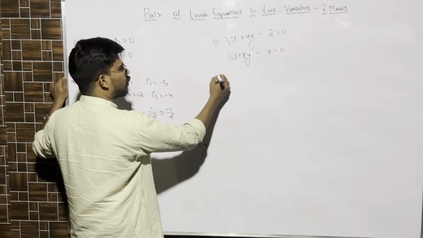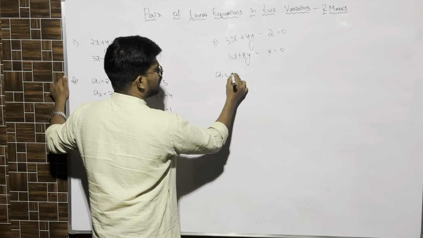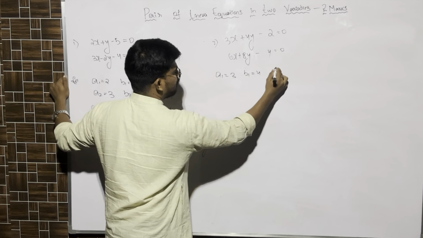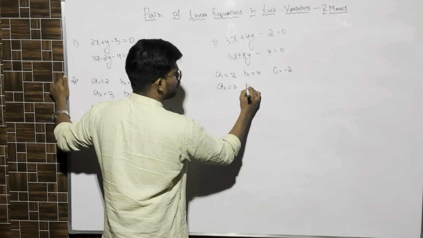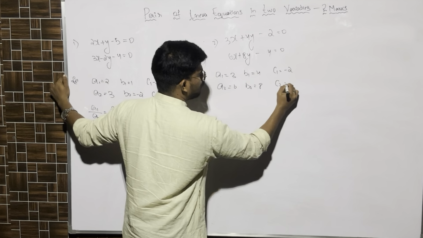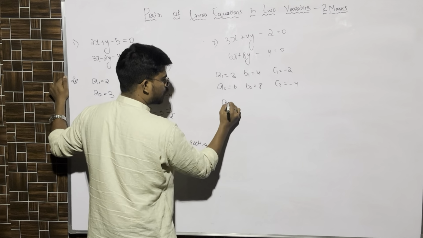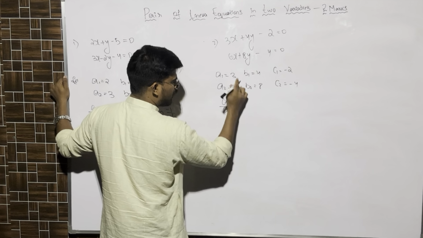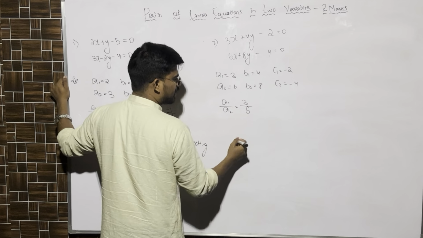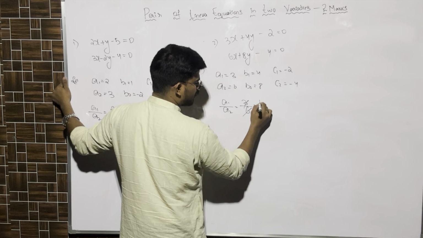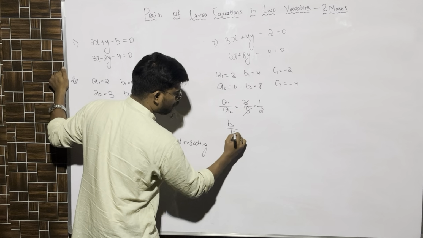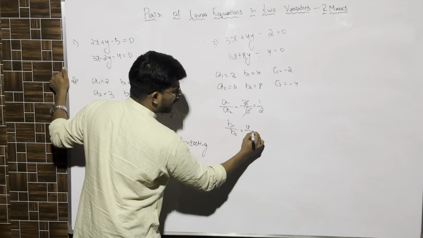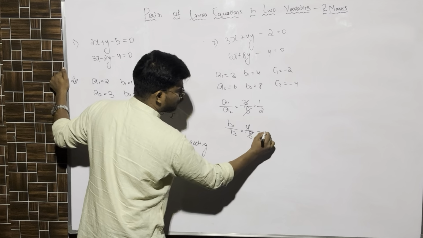Same for minus 4. Now the value of a1 is 3, b1 is 4, c1 is minus 2, a2 is 6, b2 is 8, c2 is minus 4. Right, let us find the ratio. a1 by a2 is 3 by 6, which is 1 by 2. b1 by b2 is 4 by 8, which is again 1 by 2.